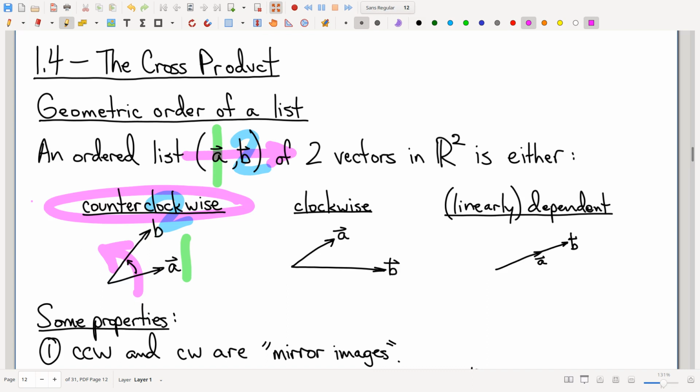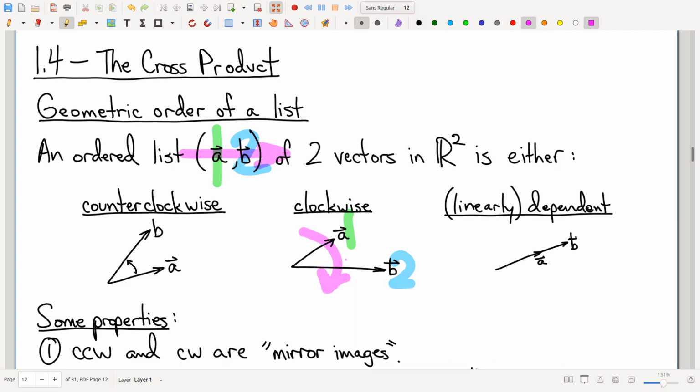You buy it? Seems like a reasonable choice. Now, of course, this same list, were I looking at this being where A was, and if this is where B was, now same list, A first, B second, is now clockwise.